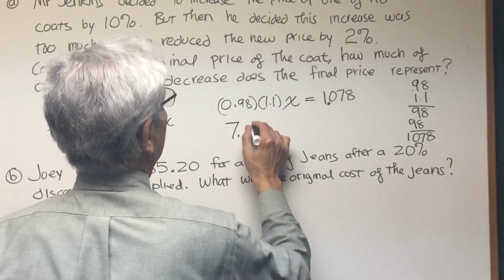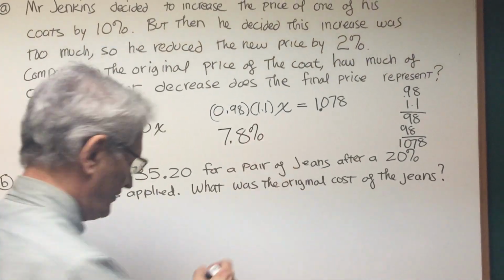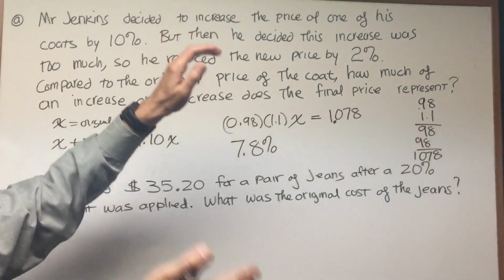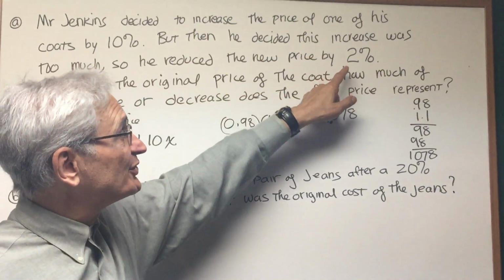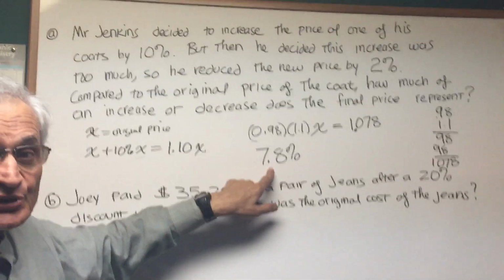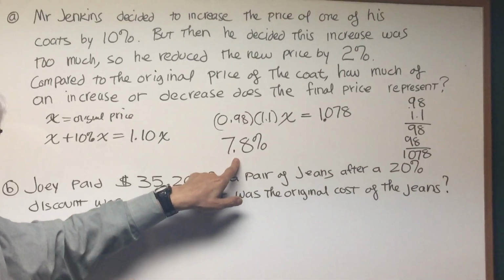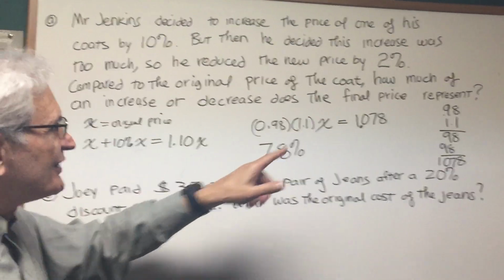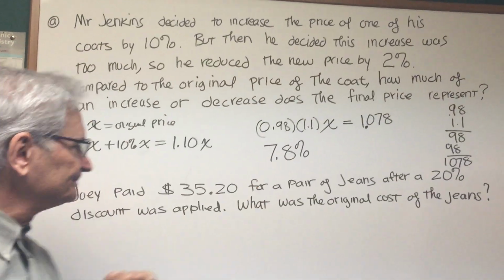So the answer to this is the final price of the coat after a 10% increase, and then that price being decreased by 2%. The final cost of the coat is 7.8% above the original cost of the coat. And it's not the 8% that you thought, but it has to be done a little more carefully.